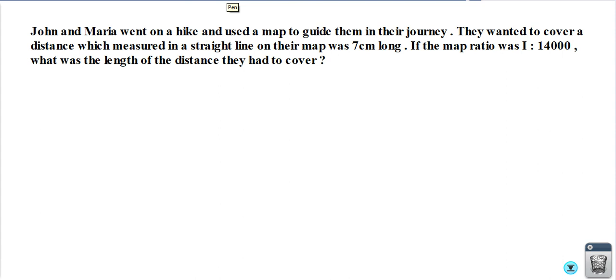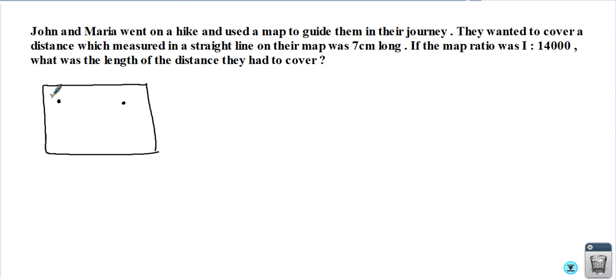John and Maria went on a hike, used the map to guide them in their journey. They wanted to cover a distance which measured in a straight line on their map was 7 centimeters long. The map ratio was 1:14,000. What was the length of the distance which they had to cover? So we can always draw something for us to be able to see, because that's normally easier.